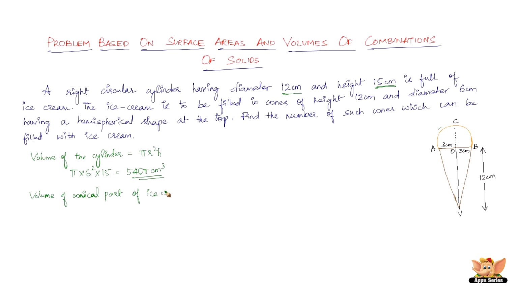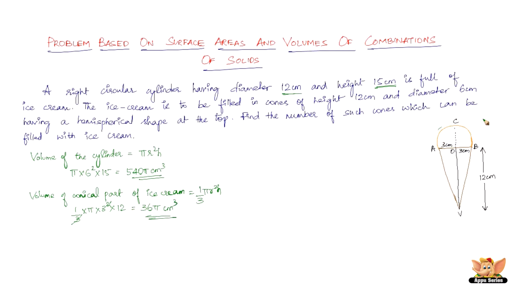The volume of the cone is 1 by 3 pi r square h. So it's 1 by 3 times pi times 3 square times 12 centimeters. The 3 and 1 by 3 cancel. The remaining is 12 times 3, which is 36. 36 pi centimeter cube is the volume of the conical part.